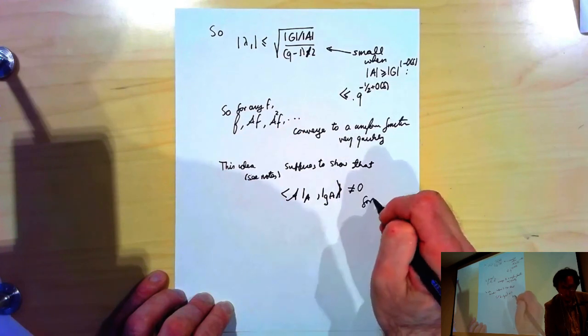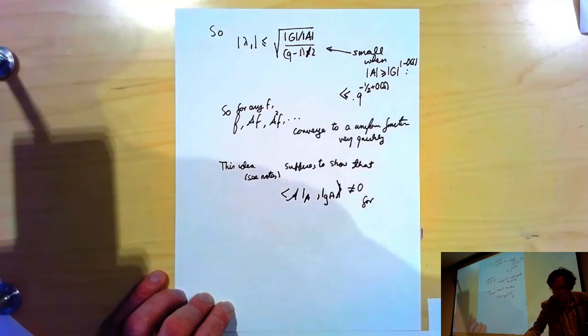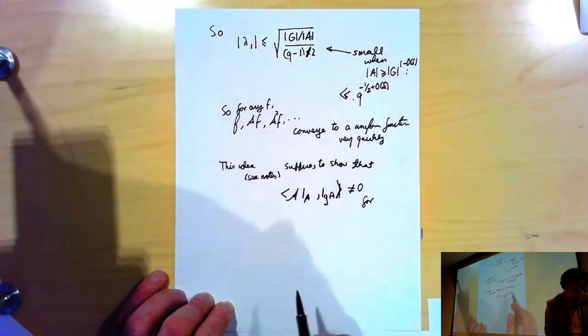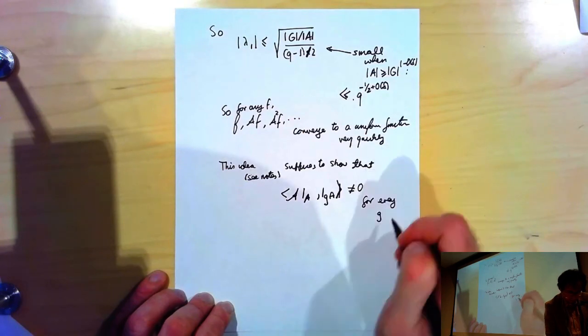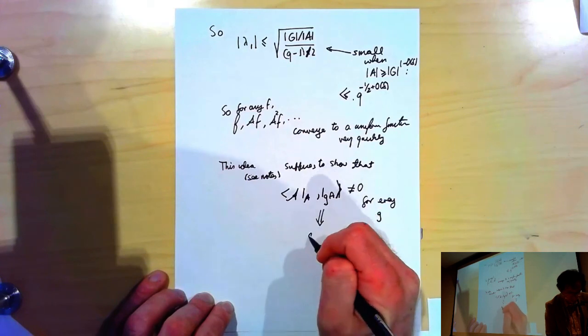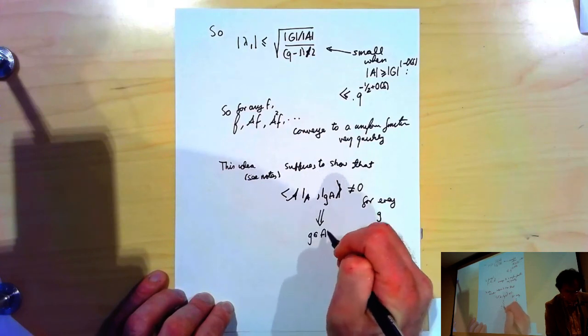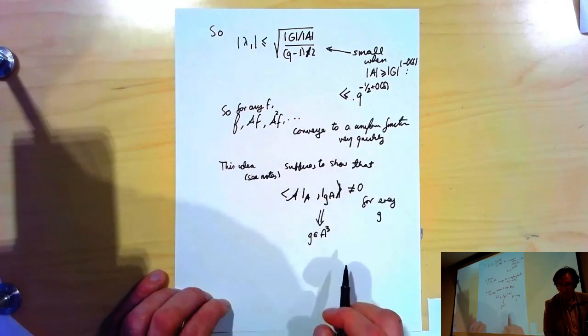So this is just a clever, efficient way to do it. If you do it in a silly way, you get A to the 5 rather than A to the third in the conclusion I'm going to write down. For every g, this means that g is in fact in A cubed, or otherwise this scalar product would in fact vanish.